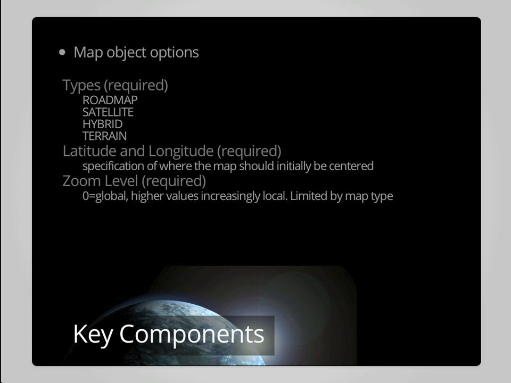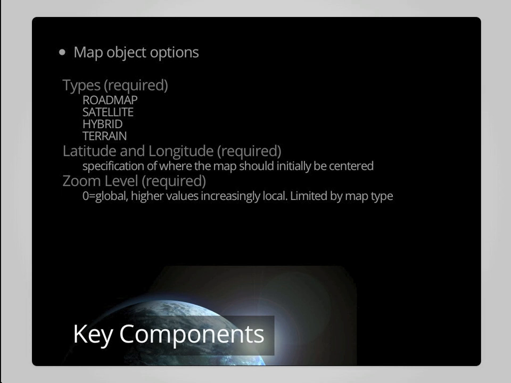So as you're creating this map object, there are 3 attributes of that object that you are required to define. One is the type of map object that you want to create.